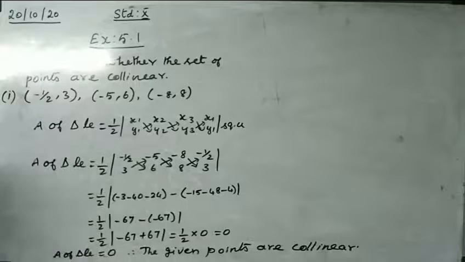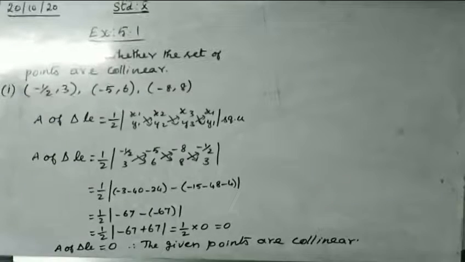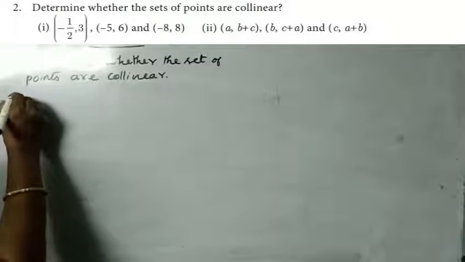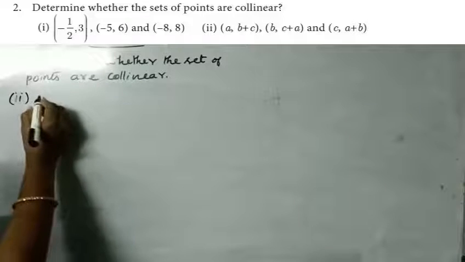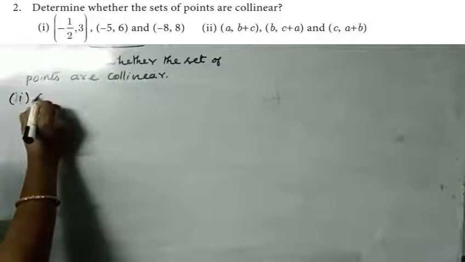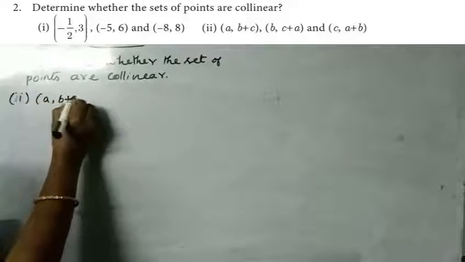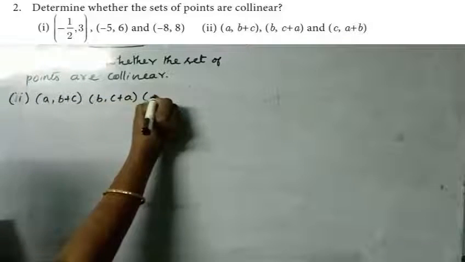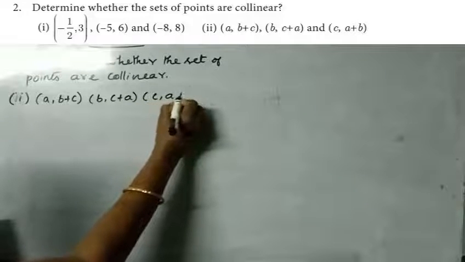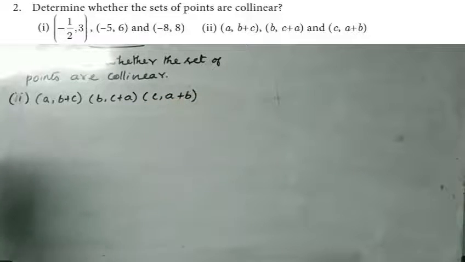Now the second subdivision. Determine whether the set of points are collinear. The set of points are (A, B plus C), (B, C plus A), and (C, A plus B). These are the points given.